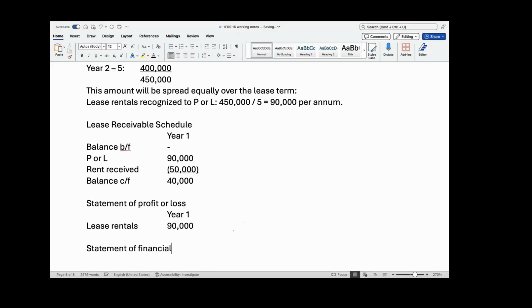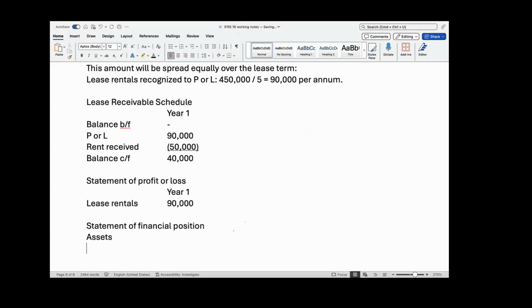And in my statement of financial position, under non-current assets, I'll have this receivable of 40,000, this balance here, to be 40,000.